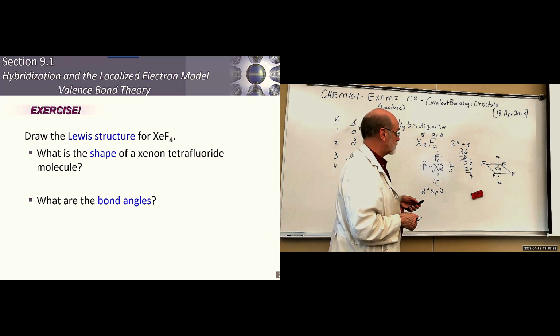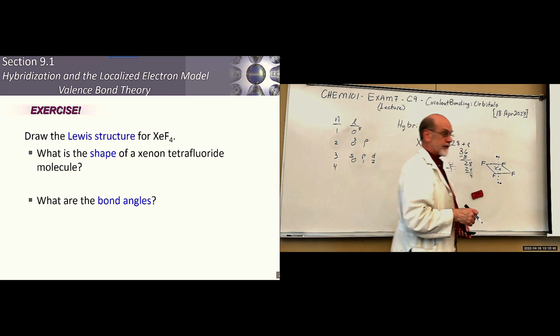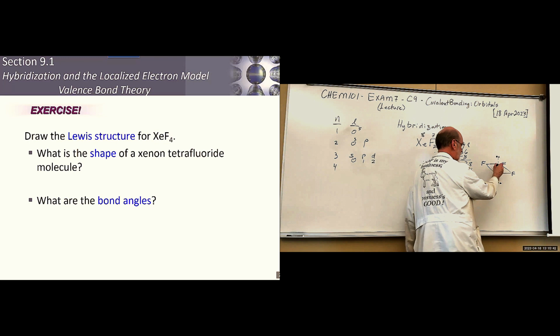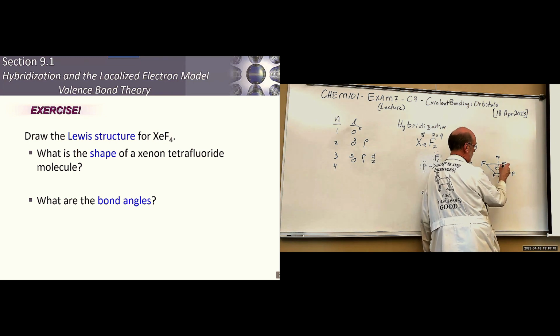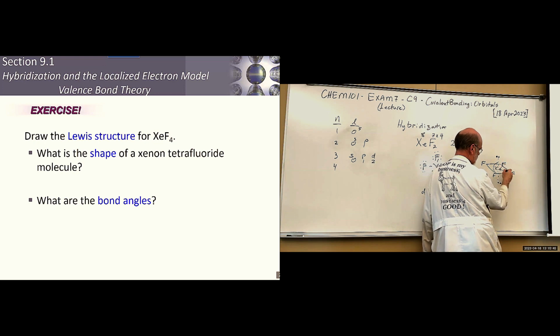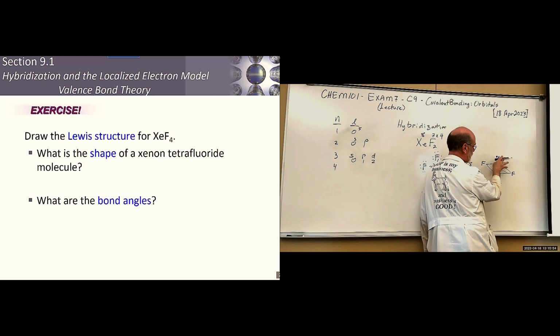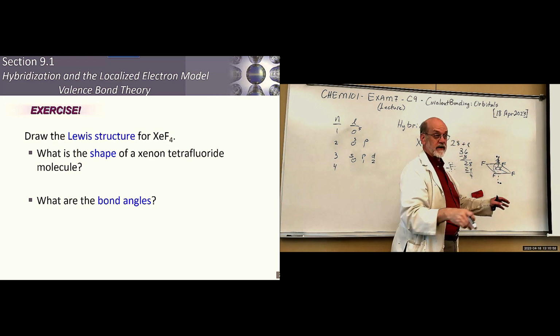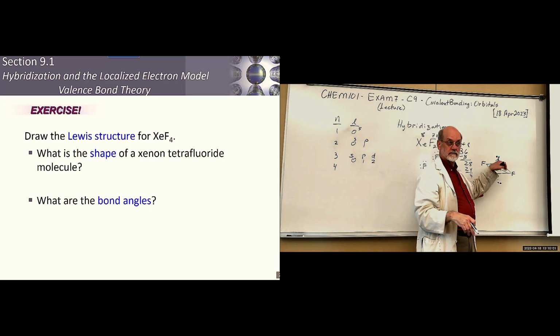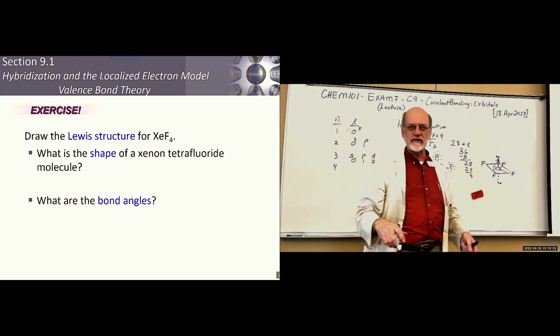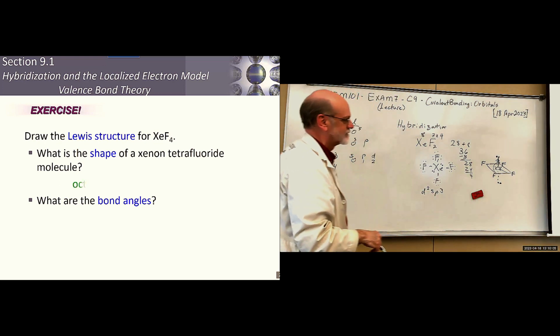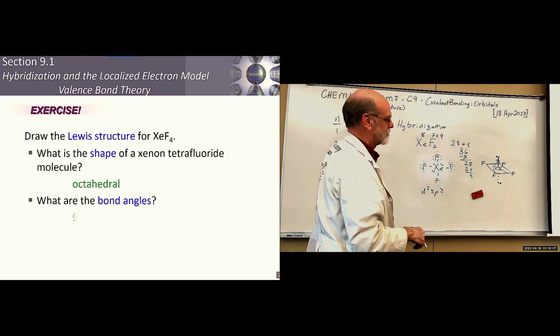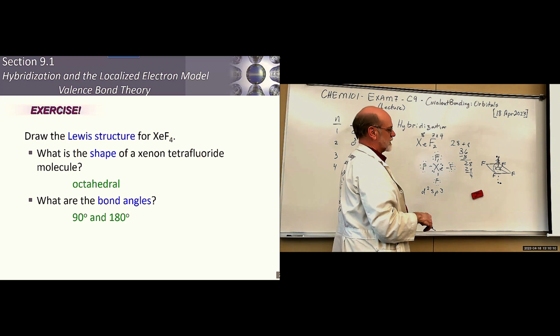And the bond angles would be, they're all 90 degrees, right? 90 degrees here, and 180. Actually, that wouldn't be a bond angle because there's nothing up there. So the bond angles are only 90 degrees, right? Just on that square. I had to convince myself. No, that's not right.